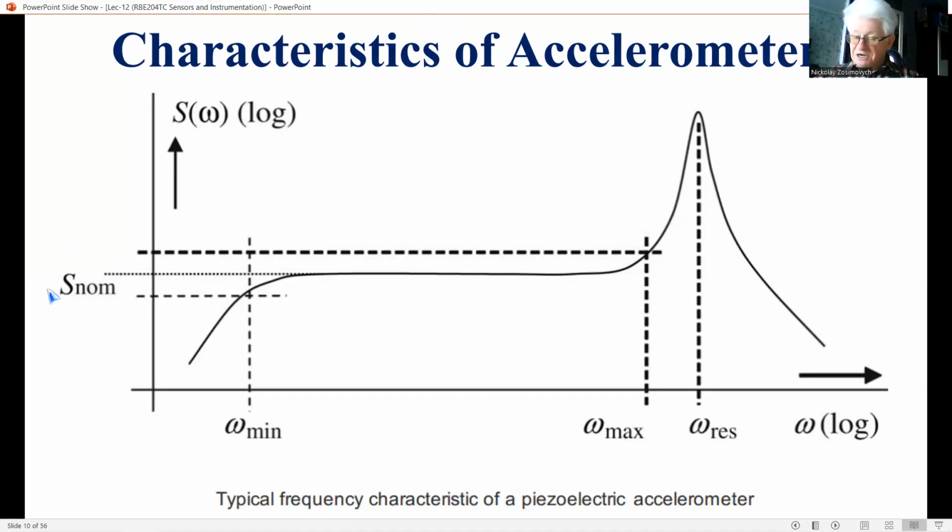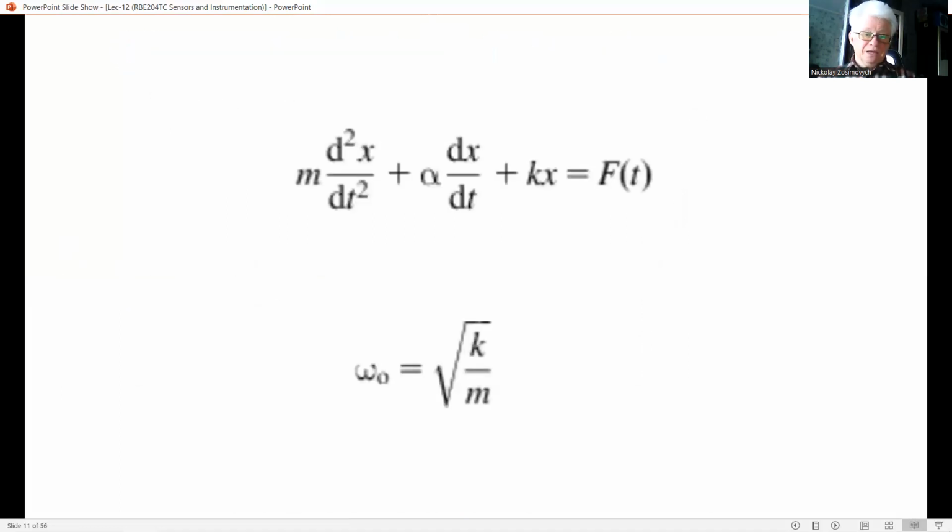The piezoelectric accelerometer consists of a base plate, a seismic mass, and a preloaded crystal. The mechanical characteristics of this spring-mass system follow from an equation of motion, so let's look at this first equation of motion.